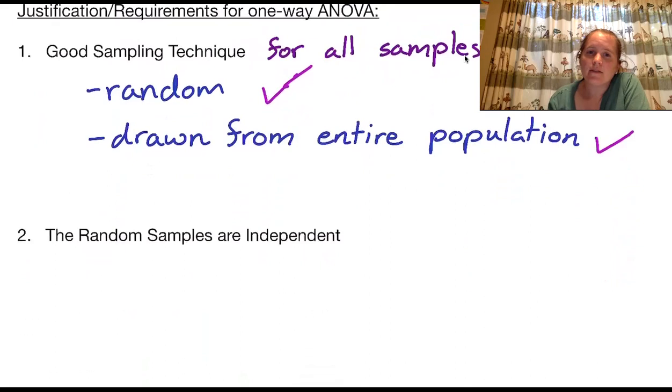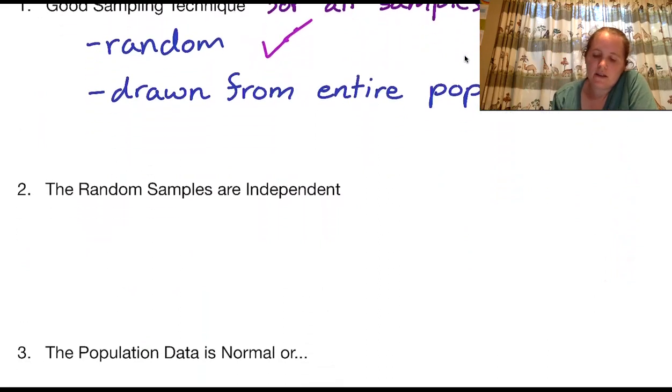Now they get a little different. Next up, we need the random samples to be independent. Essentially, what this means is who is picked in one sample doesn't influence who gets picked in another sample.